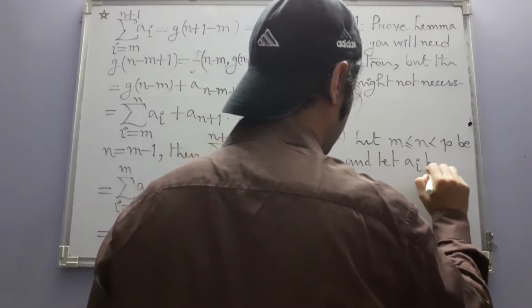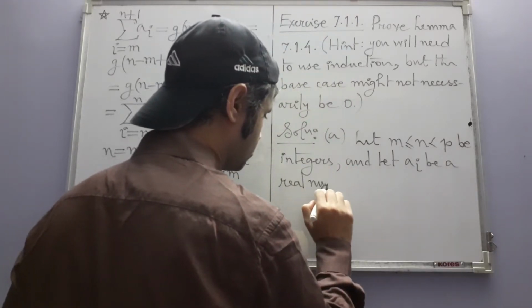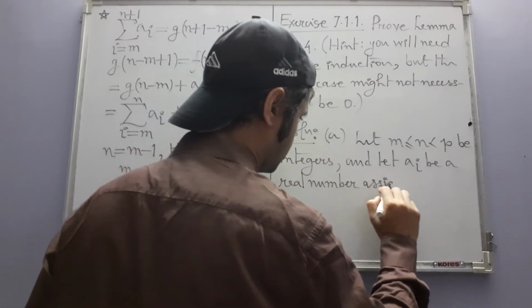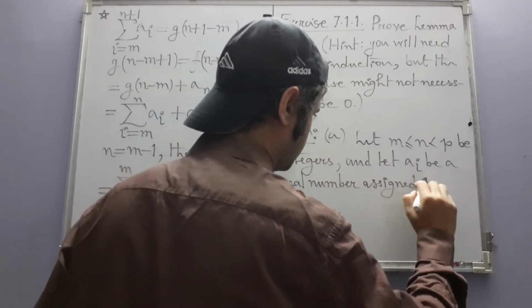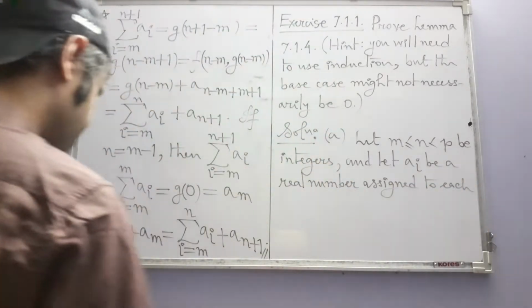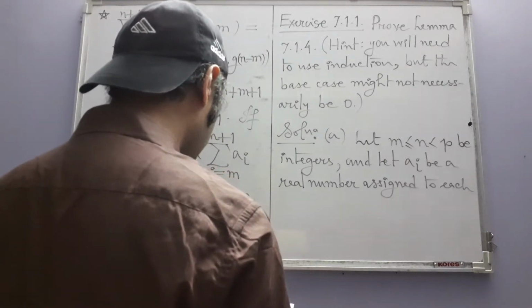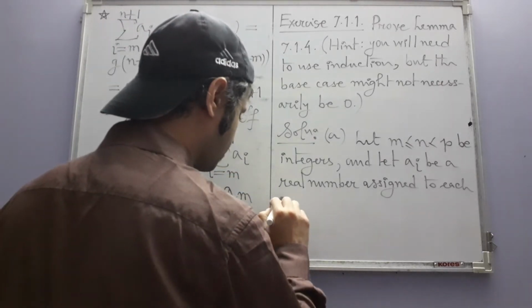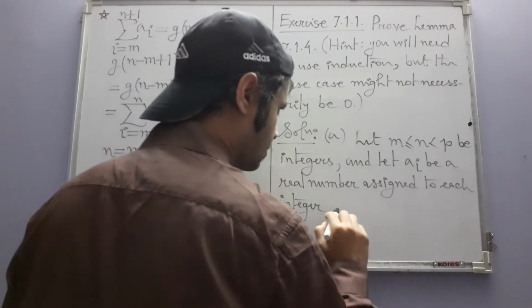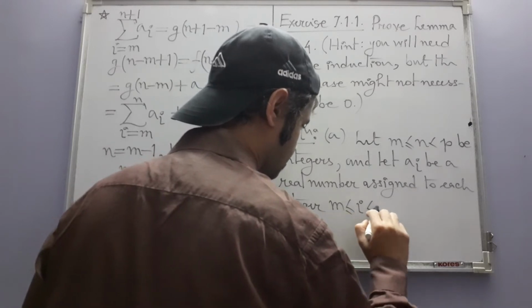a_i be a real number assigned to each integer i lying between m and p in this way.